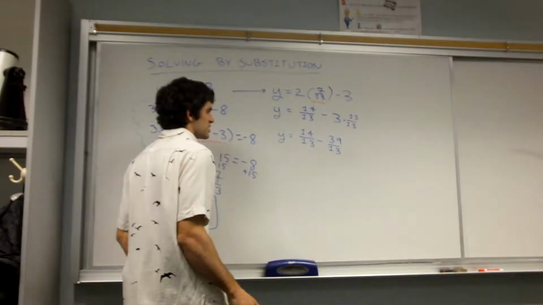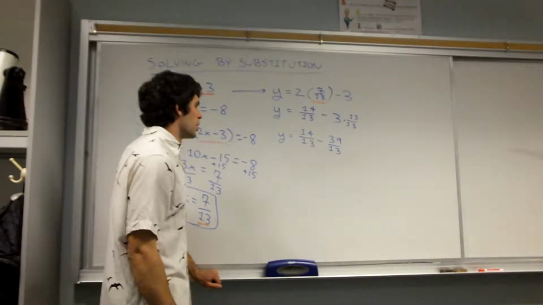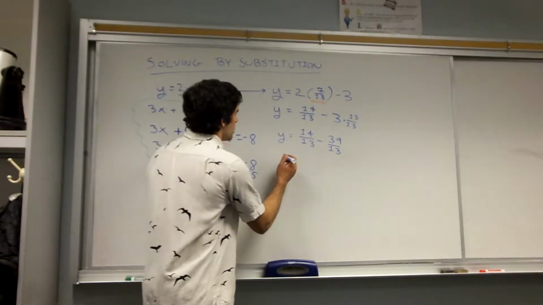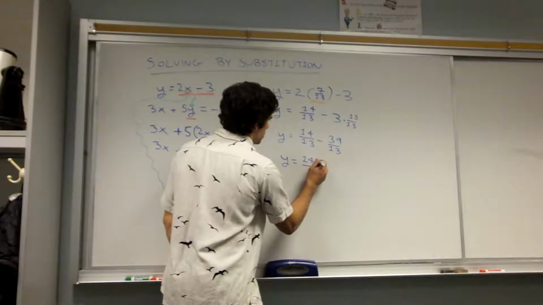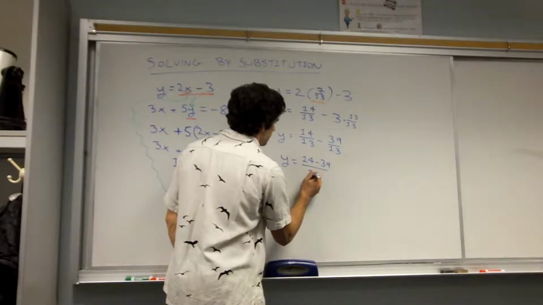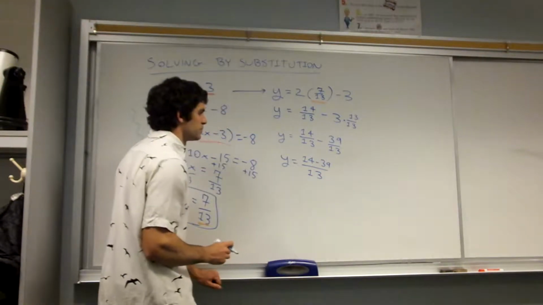What's 14 minus 39? Well, first we can get 14 minus 39 over 13.